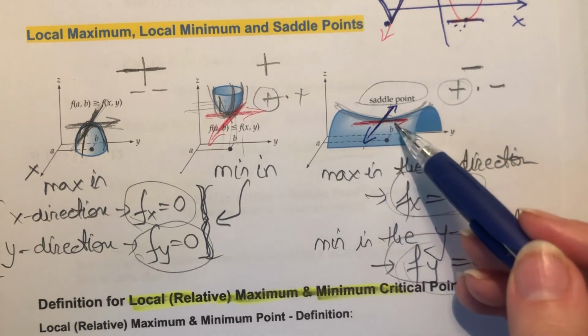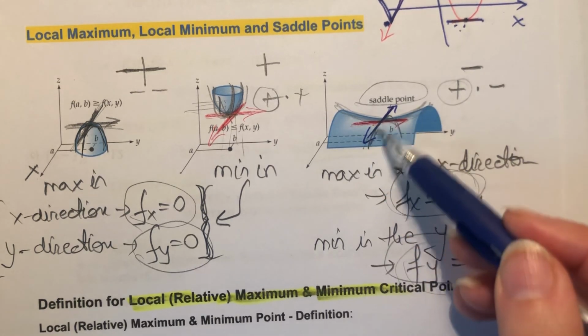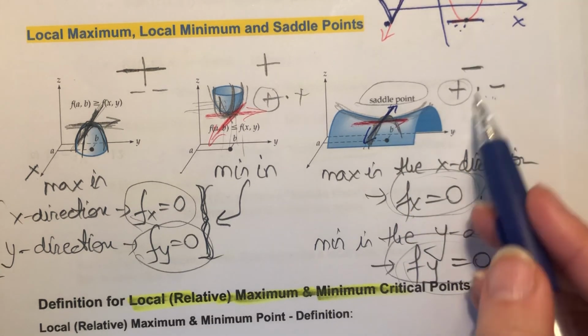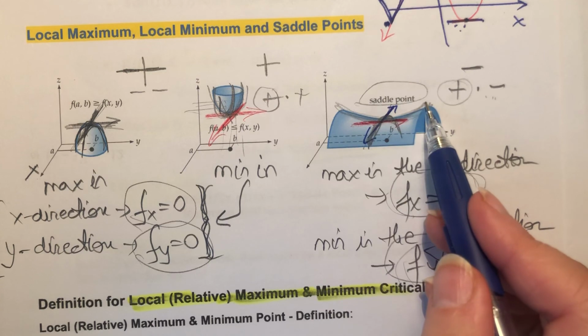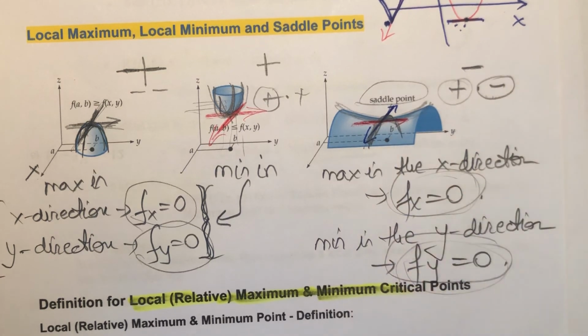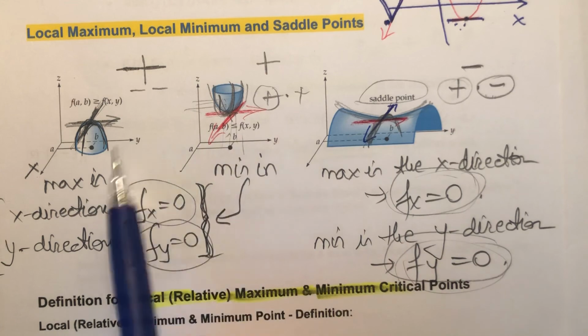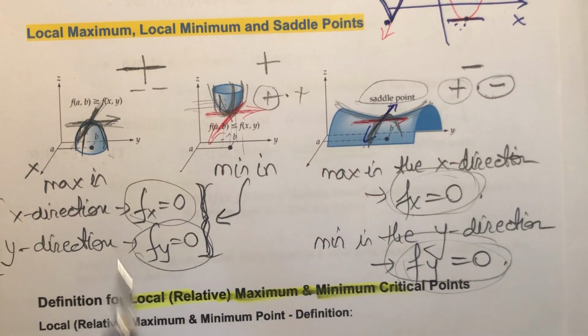In the x direction, you got yourself a concave down, a sad face. So one partial derivative was positive, the other one was negative. So you know for sure you got yourself a saddle point. It didn't matter which one's which, because it's neither a min nor a max.